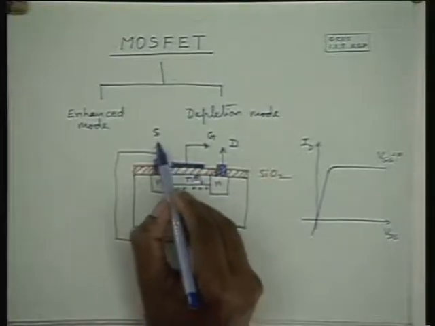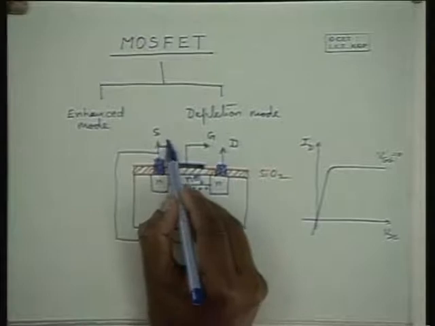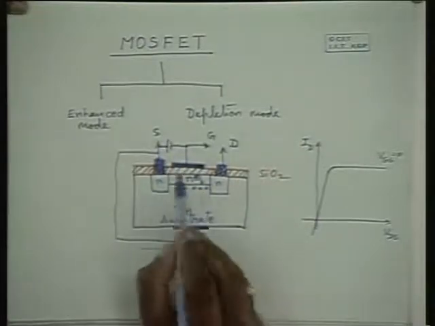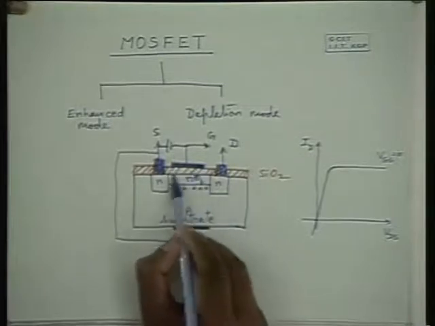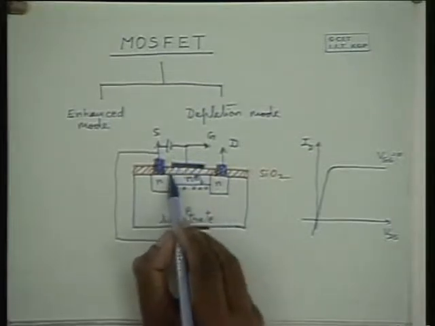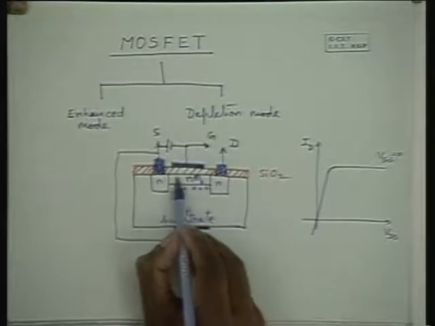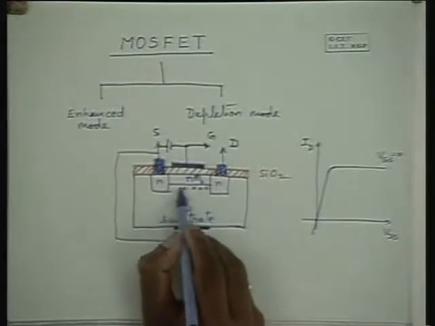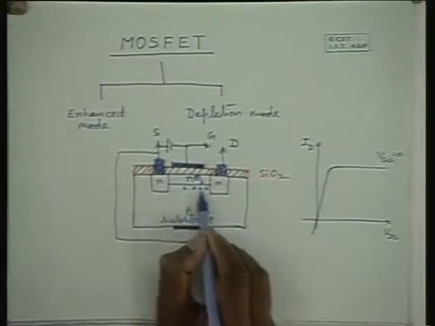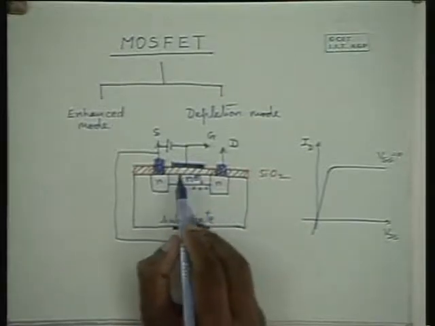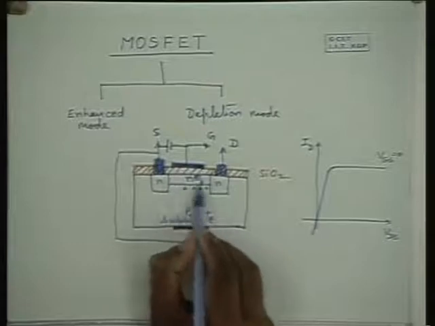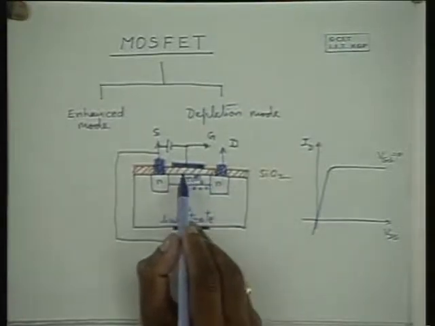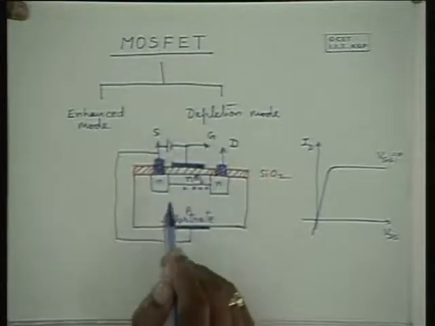And when you apply some negative potential to the gate with respect to the source, the gate has a negative field over here, and because of which some recombination with the holes over here takes place, and as a result the free electron concentration goes down with the gate to source voltage.